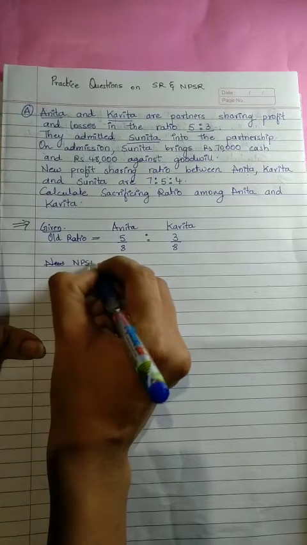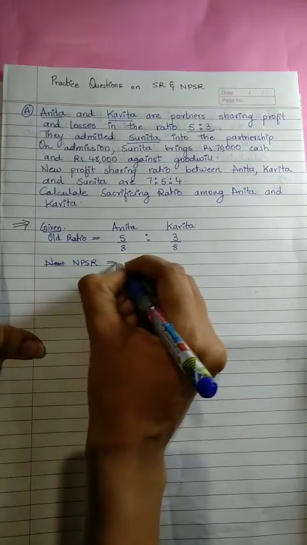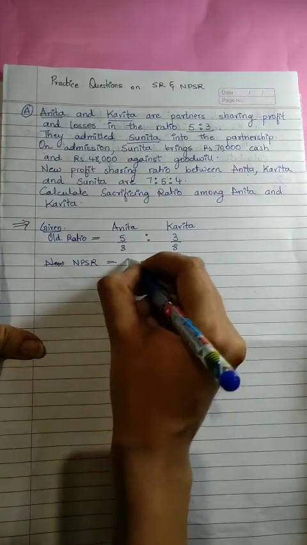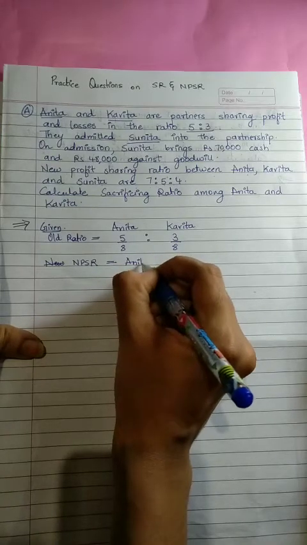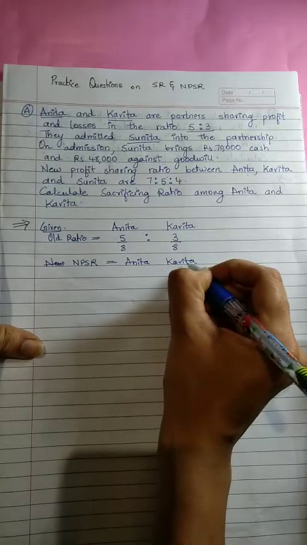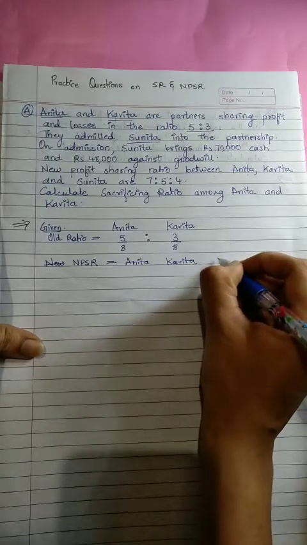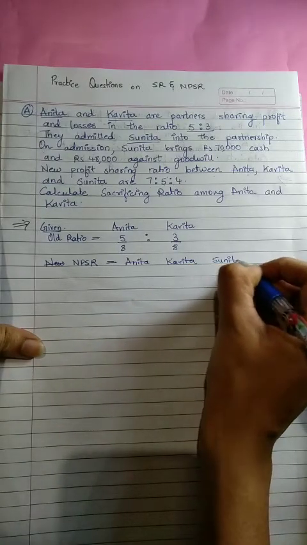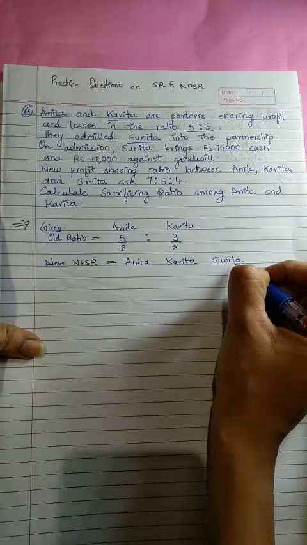New profit sharing ratio, that is, who are the three partners now? Anita and Kavita are old partners. The new partner added to this now is Sunita, added to the partnership firm.